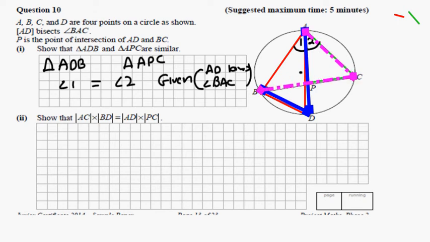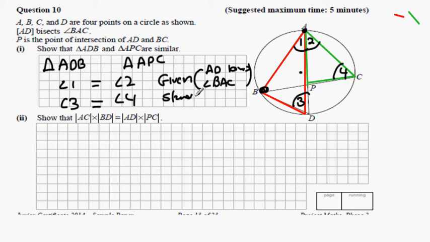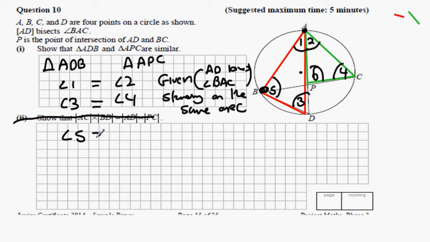So what we can now say is we can put numbers on these, and we can say, look, your angle 3, angle 4. Angle 4 is an APC, so angle 4 equals angle 3 standing on the same arc. Okay, and then finally, what we can say after that is that all triangles have to add up to 180, so we can just call this one angle 5 and call that one angle 6, and then we can say angle 5 equals angle 6.